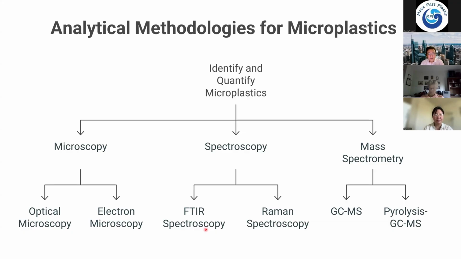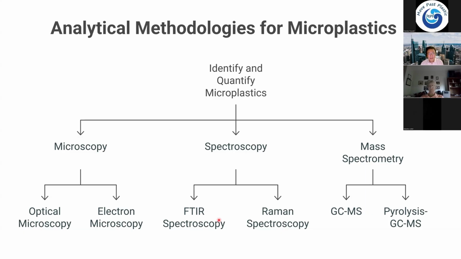However, FTIR has some limitations. It cannot detect microplastics of size less than 20 micrometers, or maybe 50 micrometers. People are thinking that those small sizes, like 20 micrometers or less, are toxicologically very relevant to human health when we consume these microplastics.